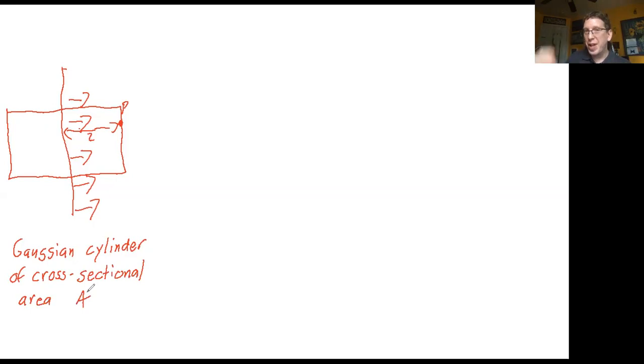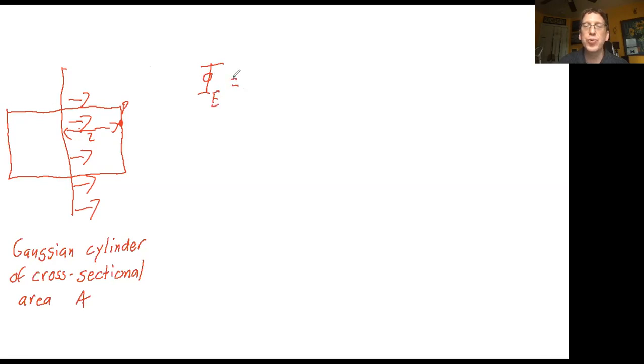Here, the flux through the rounded side is 0, but the flux through the flat faces we can evaluate. And so, again, on this surface, if you're the same distance away from the surface, the electric field has to be constant, and it has to be uniform. It's pointing out.